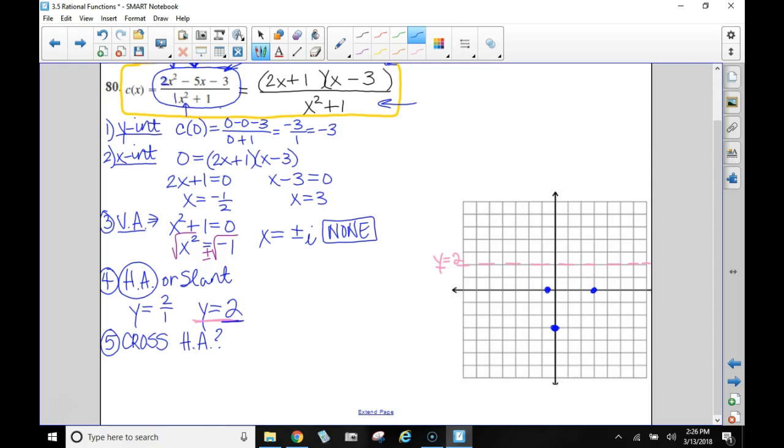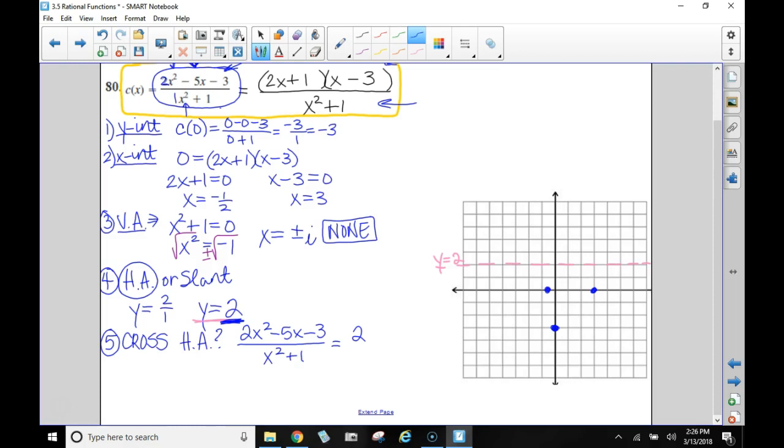Well, let's see. We're going to solve the equation 2x squared minus 5x minus 3 over x squared plus 1. Is that ever going to be equal to 2? And I got the 2 from my horizontal asymptote. Okay, let's do a little bit of algebra and see if it's going to cross.